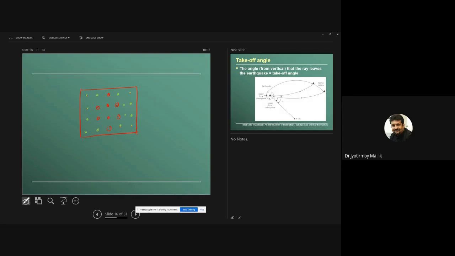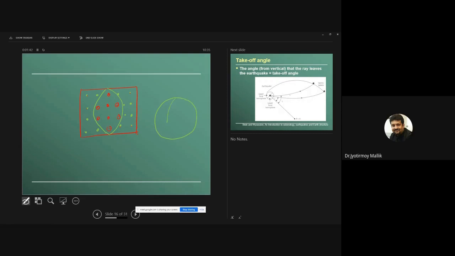Okay. So what do I have to invoke now? I have to invoke planes which are curved. So with the same logic, if I want to put that in a stereo net, how would they look like?